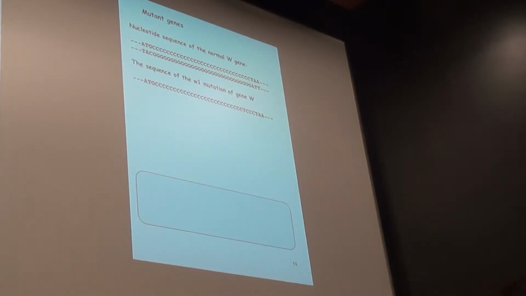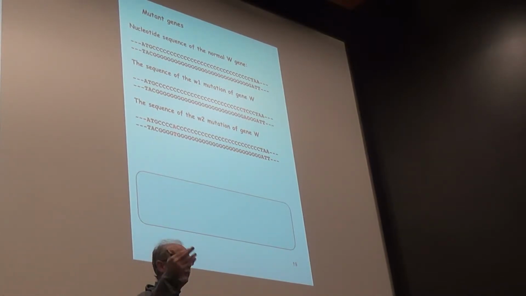Maybe in the W1 mutation, you have a mutation right here, such that the C is converted to a T. I'm just giving you a hypothetical situation. So there's one mutation in that individual fly with the W1 mutation.